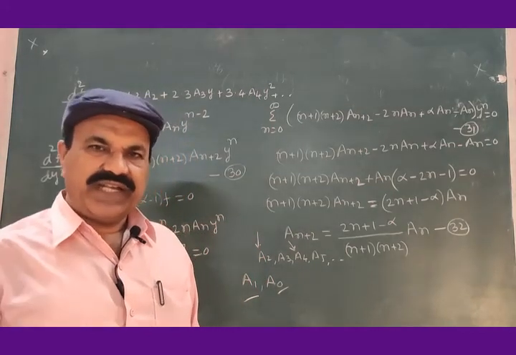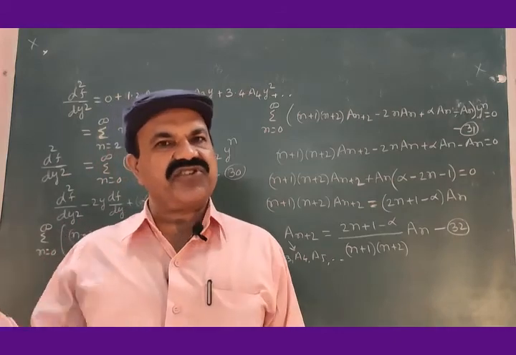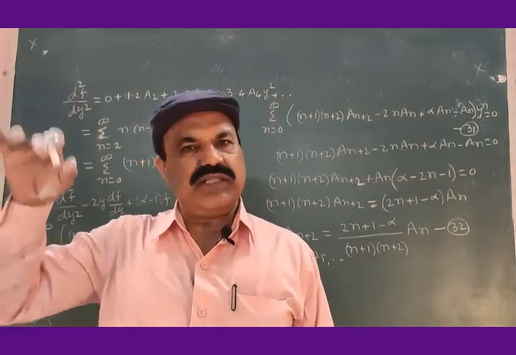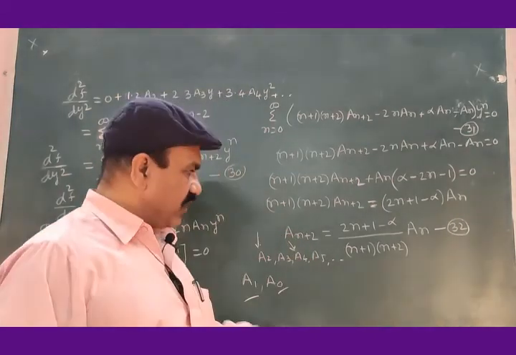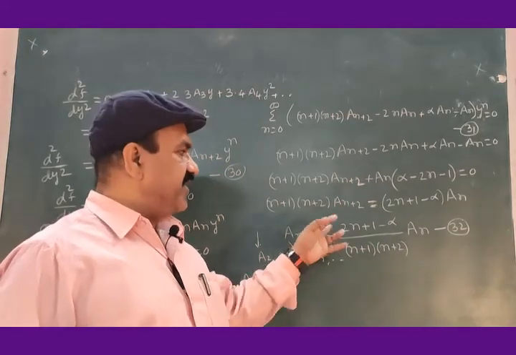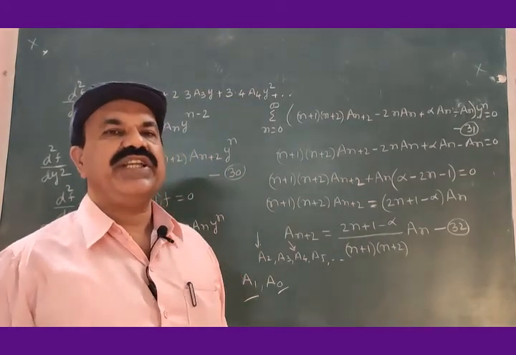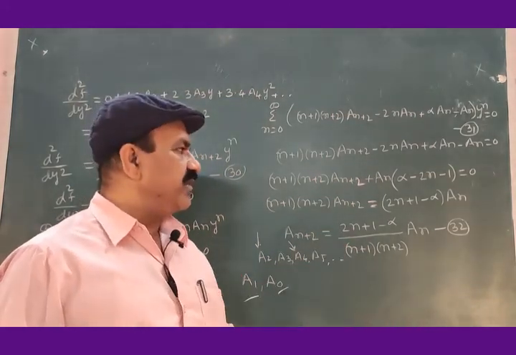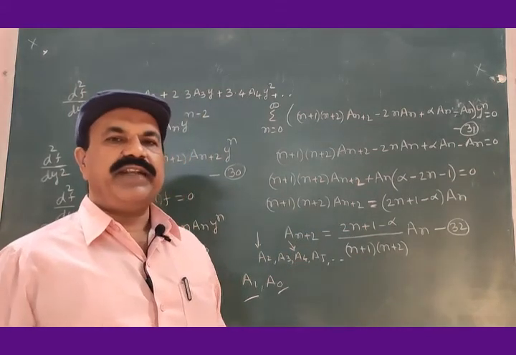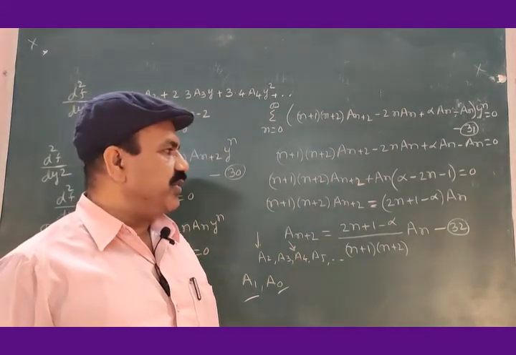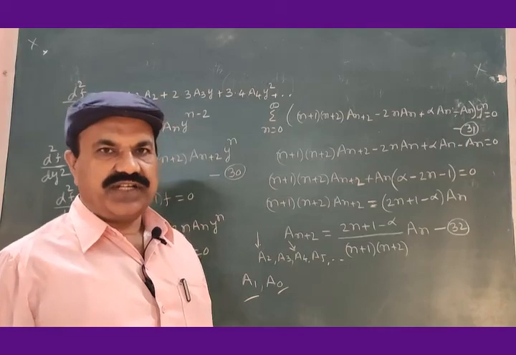We manipulated and solved many equations, and step by step we arrived at this recursive solution: a n plus 2 is equal to 2n plus 1 minus alpha divided by n plus 1 into n plus 2 into a n, equation 32.